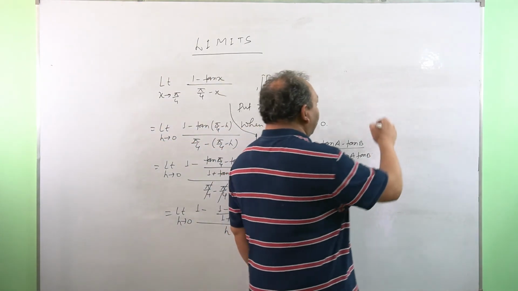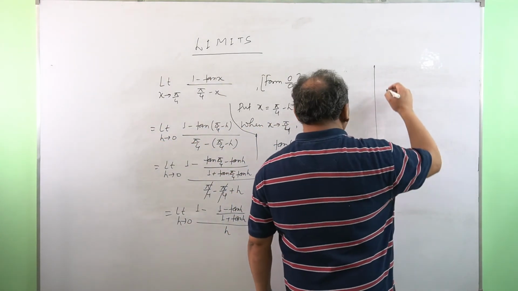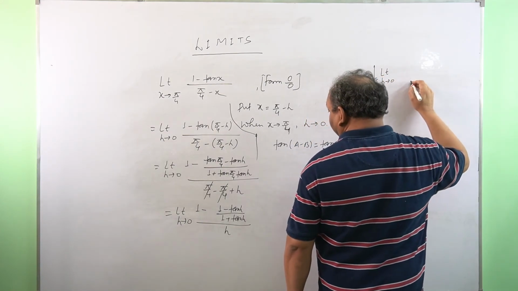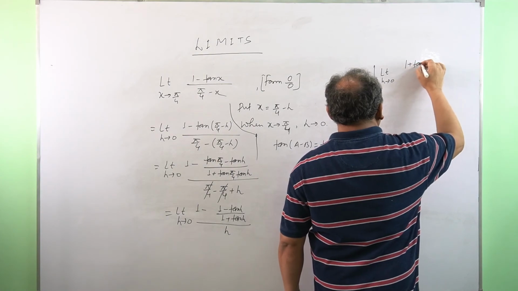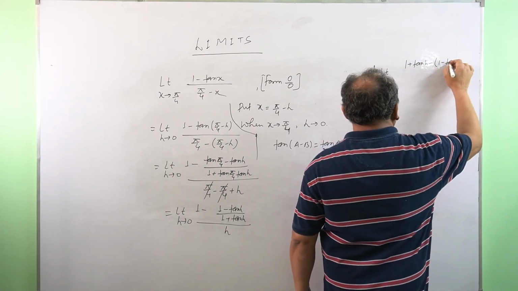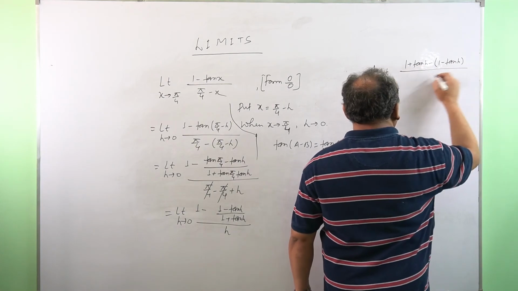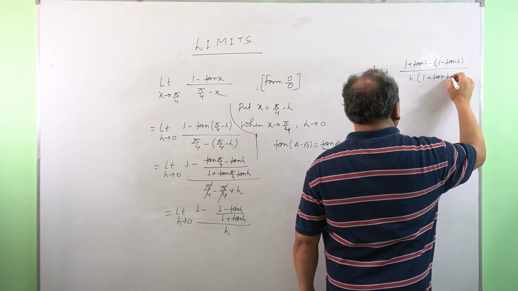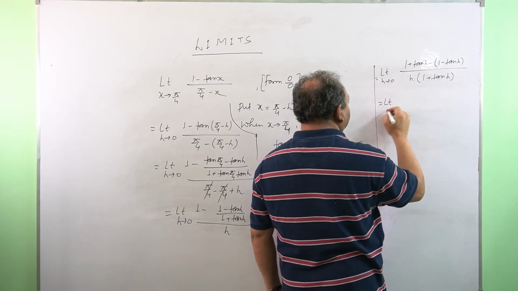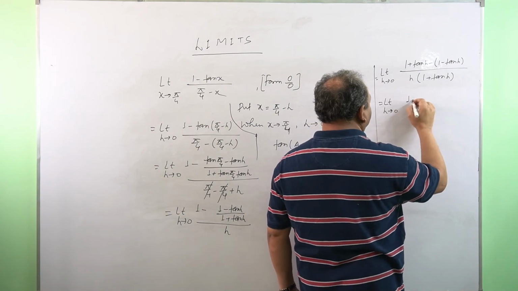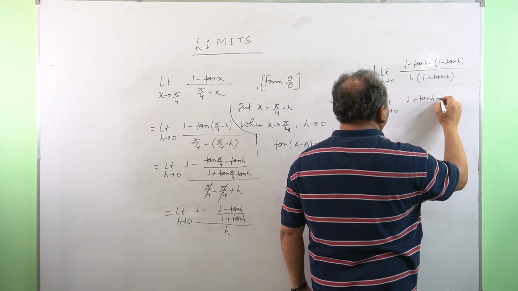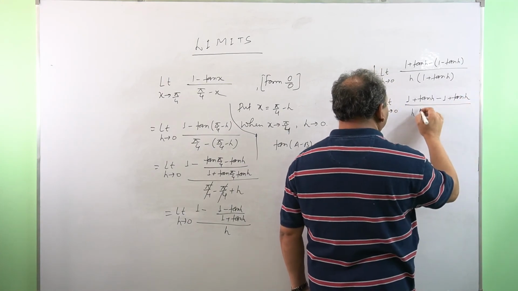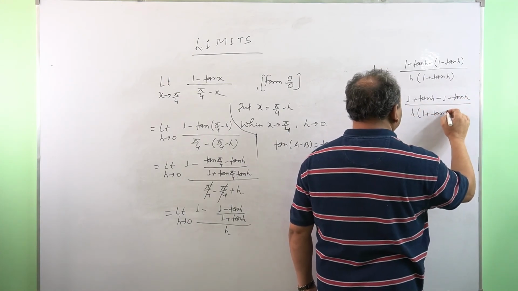This can also be written as limit h tends to 0, take the LCM. So (1 plus tan h minus 1 plus tan h) divided by h into (1 plus tan h).